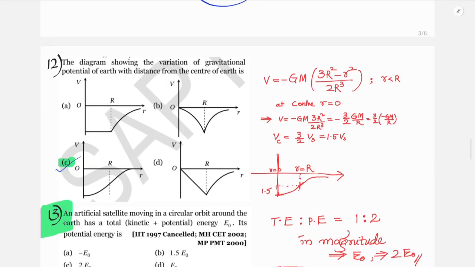Now come to this again, the 12th problem. The diagram shows the variation of gravitational potential of Earth with the distance from the center of Earth. See, we derived this relation in the classroom.